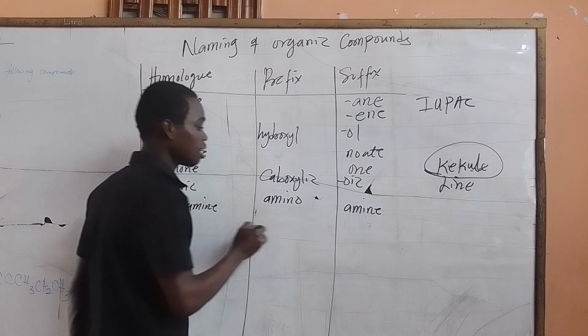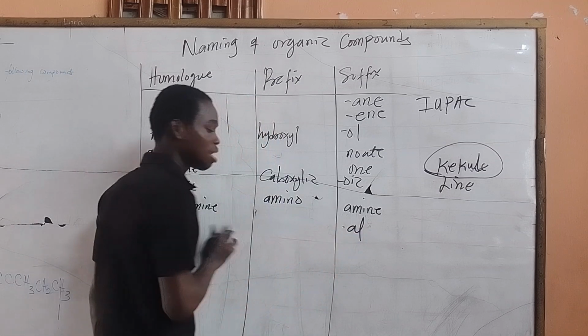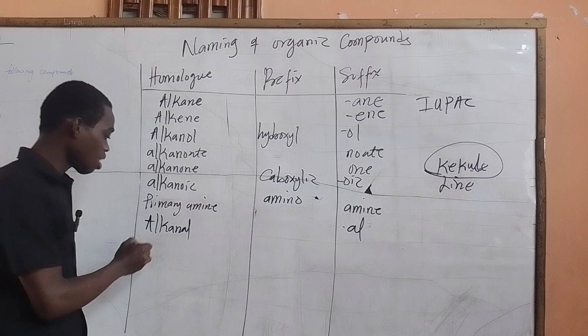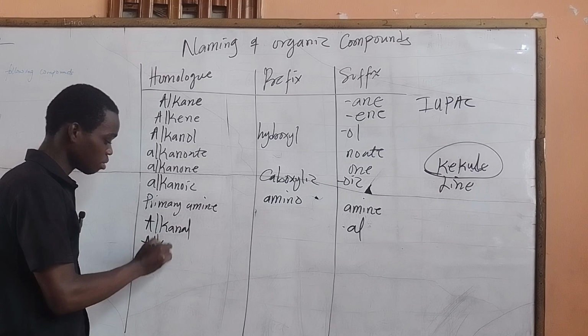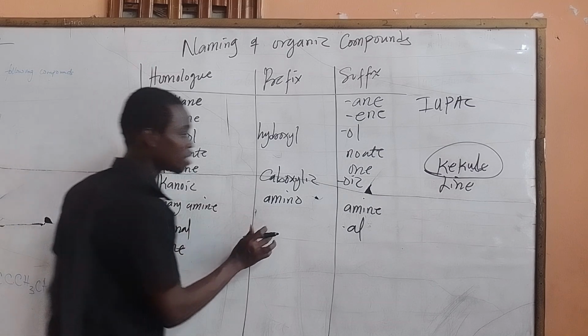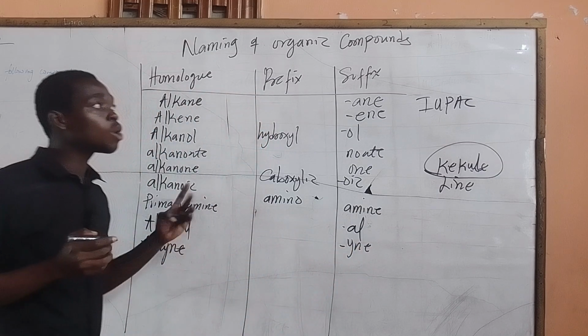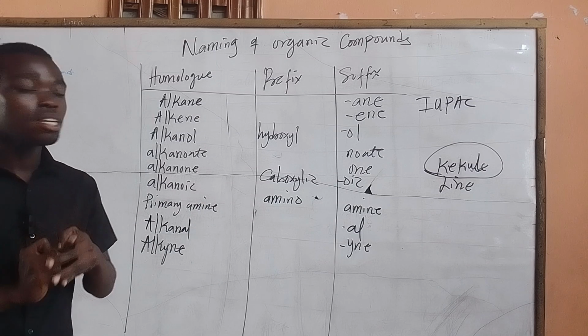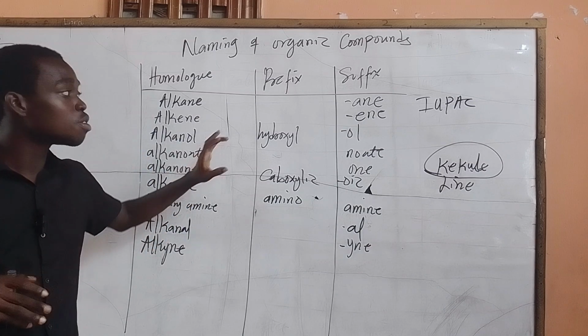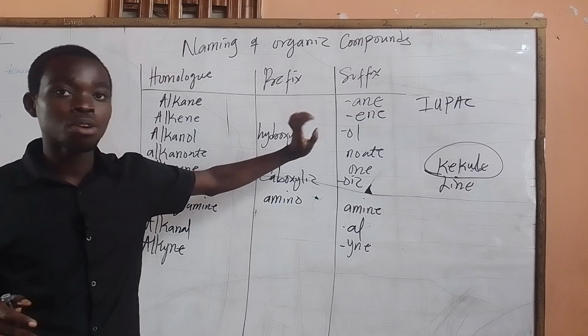Then we have the al for the alkanal. Then alkyne also does not have any prefix, just the suffix yne. Now, this will help you to know the preference to give to the suffix in naming the compound.